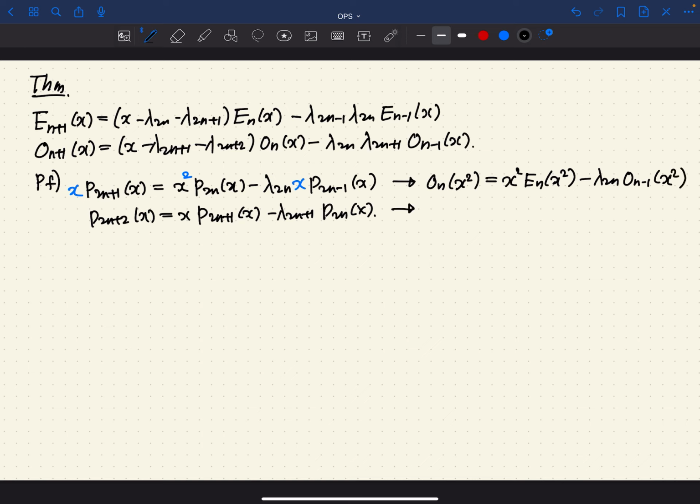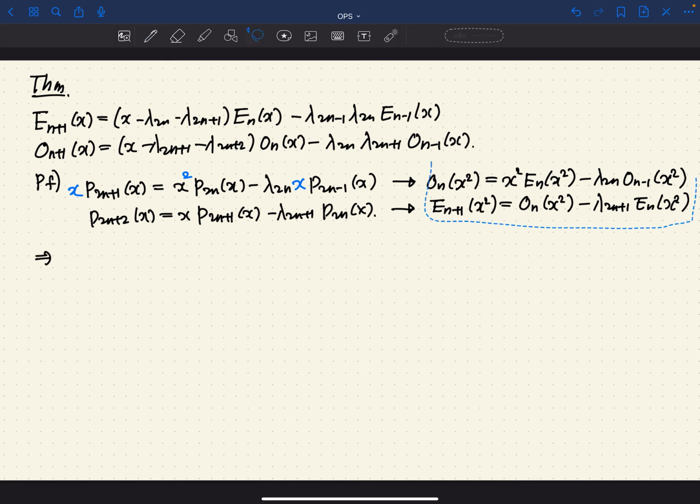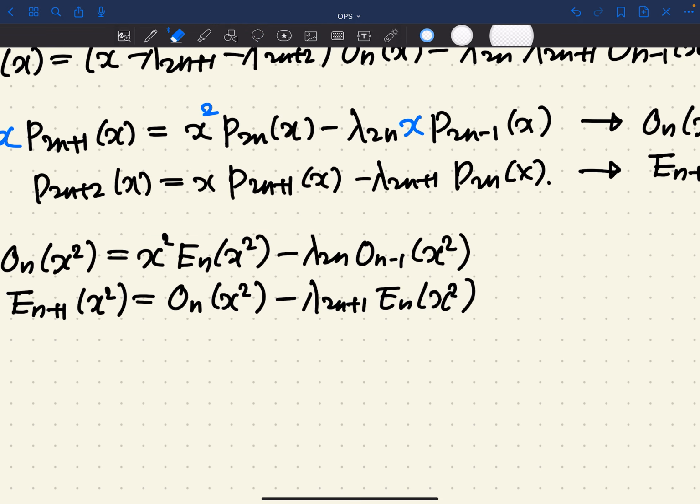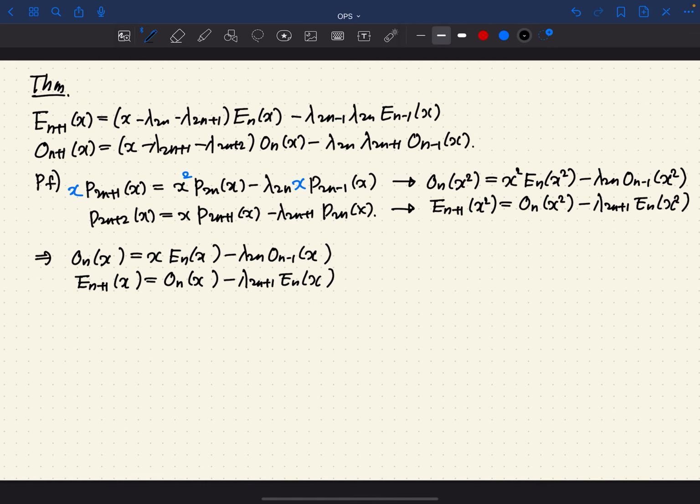And this is E n plus 1 of x squared equals, this part is On minus lambda 2n plus 1 En of x squared. Now from here, we can replace x squared by x, and then we get the exact same thing. I think I can just copy this whole thing and remove all the x squared, like that.